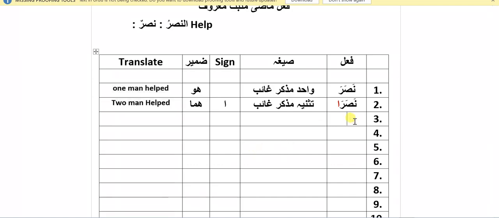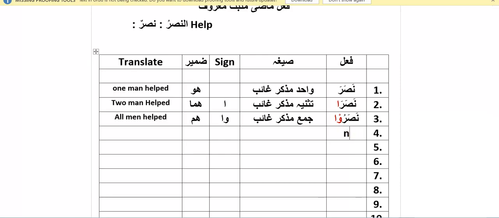Then we have nasaru. It's a jama muzakkar gayab. Add waw alif as a sign. Hum is a zamir and the meaning is all men helped.